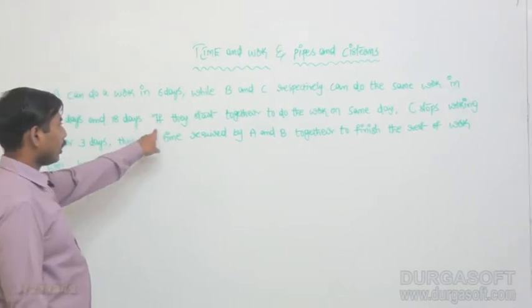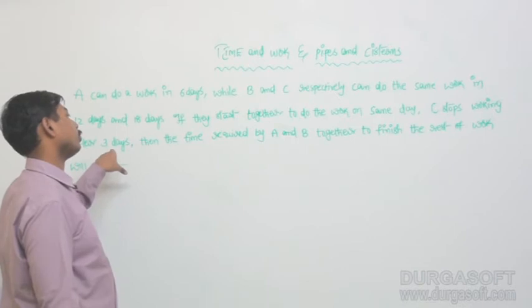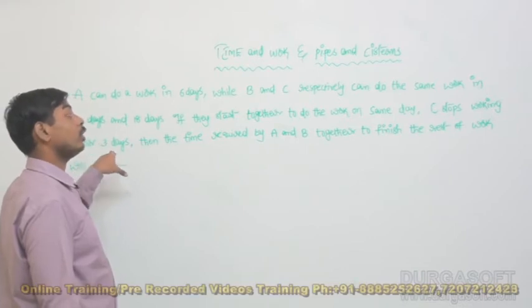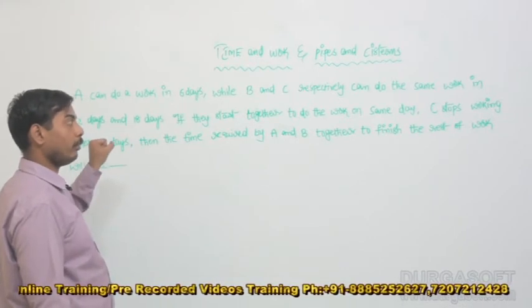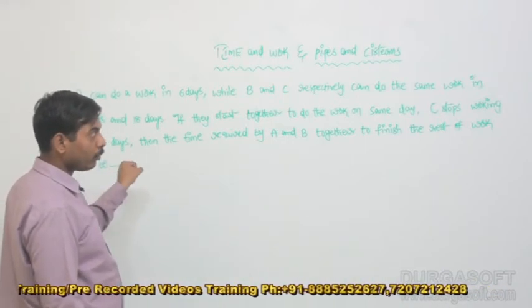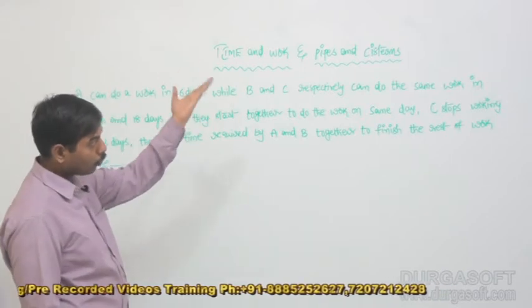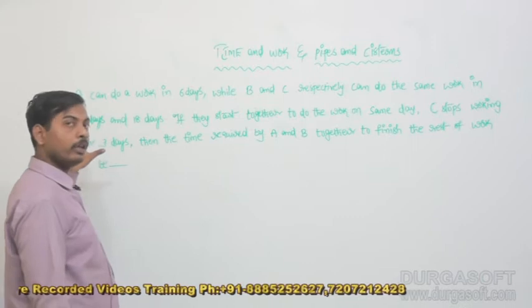If they start together on the same day, it means all together started at a time to complete a work. But what happened in that meanwhile we don't know, but C stops working after 3 days.